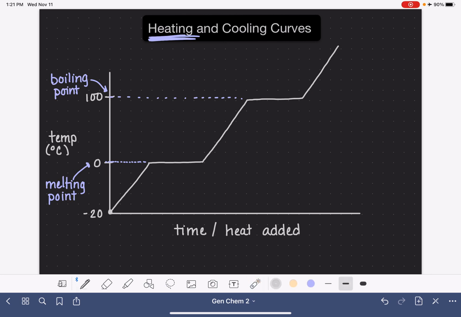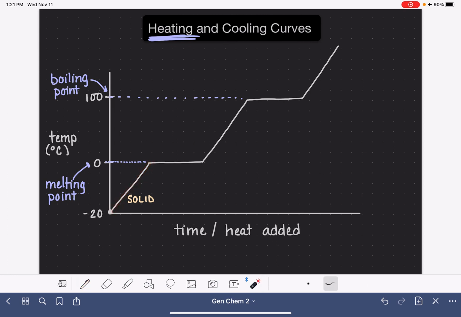Let's label a few things on this heating curve. We've already labeled the boiling point, which is the temperature associated with this plateau, and we've already labeled the melting point, the temperature associated with this plateau. Let's also label these different features of the graph right here. So at this point in time, we said this is where the substance is a solid. This is where we had ice, and the temperature of the solid is increasing.